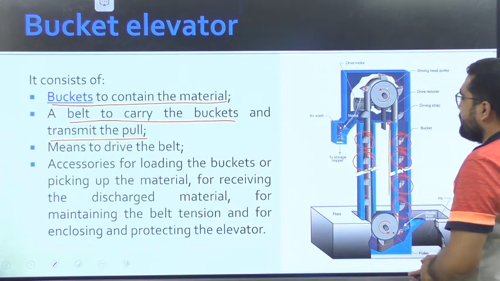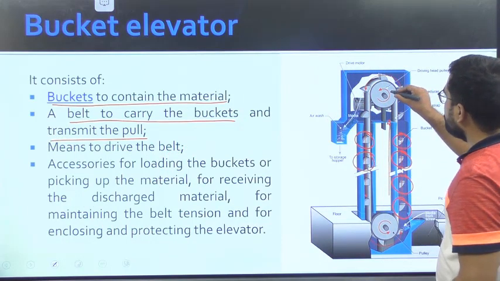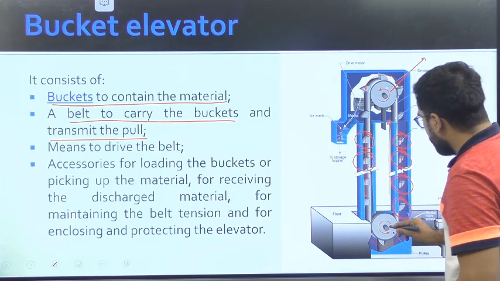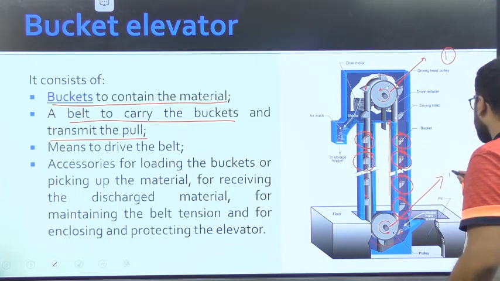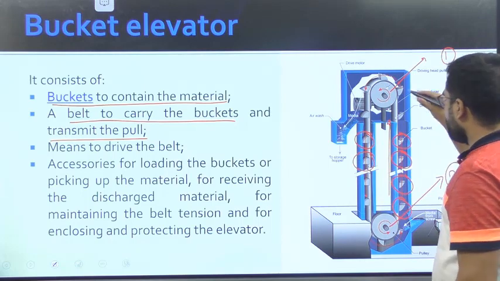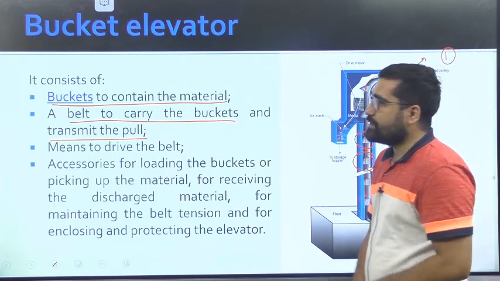Then this belt is driven with the help of pulleys. This is one pulley, this is second pulley. One will be a driver pulley, another will be a driven pulley. So in the driver pulley generally we are having a motor.